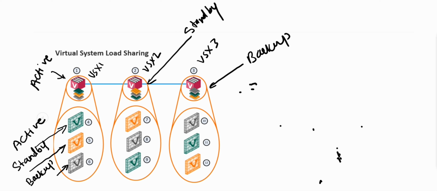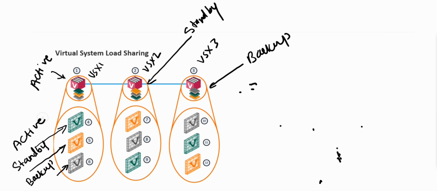So when you set up 3 VSX gateways and you want to have a virtual system load sharing feature amongst them, you need to have one VSX gateway always in active state, one always in standby state, and one always in backup state. Depending on your requirement, you can set up this sort of configuration.